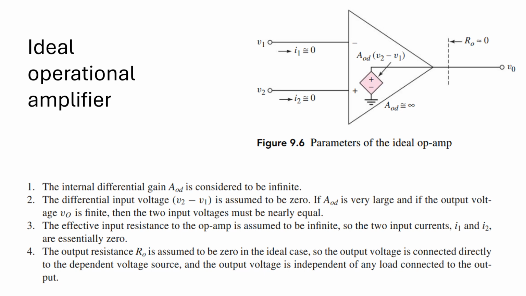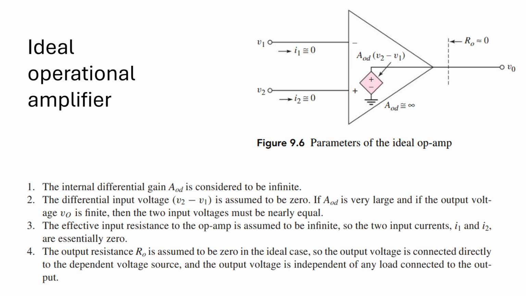The differential input voltage between V2 and V1 is almost 0, and that is why A_OD is very large. If the output voltage V out is finite, then the two input voltages must be nearly equal. The internal resistance between the minus and plus terminals will be infinity. This is one of the ideal characteristics.